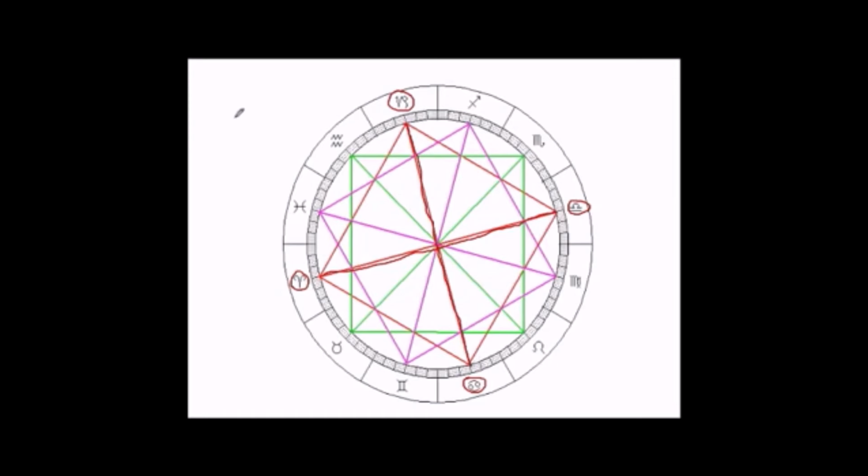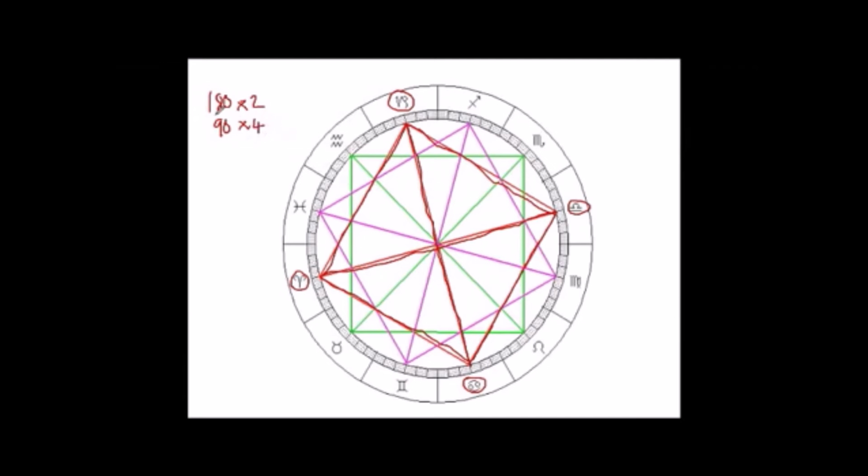So it's 180 multiplied by 2 is 360. Then we have from Aries to Cancer is 90. From Cancer to Libra is 90. From Libra to Capricorn is 90. From Capricorn to Aries is also 90. So we have 90 times 4.